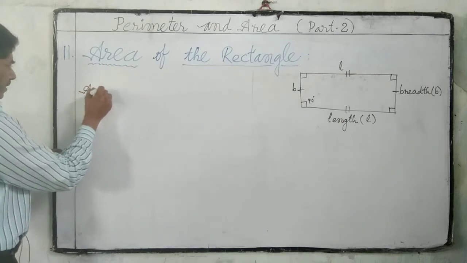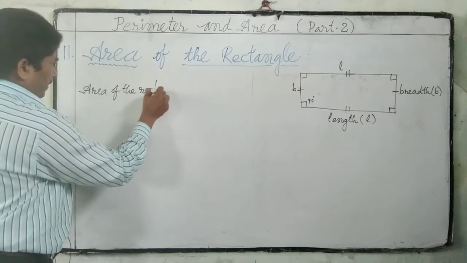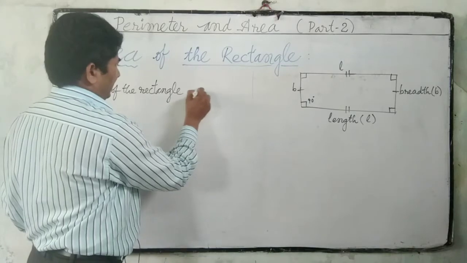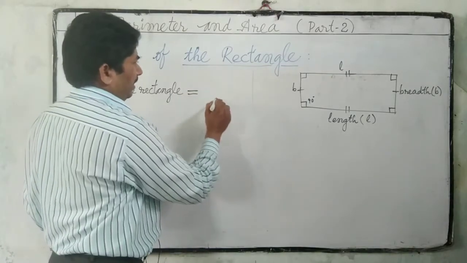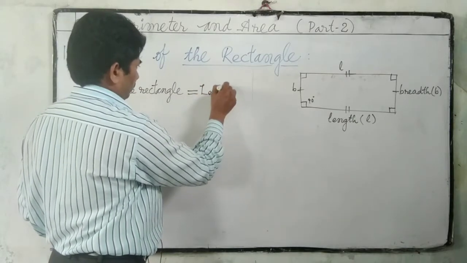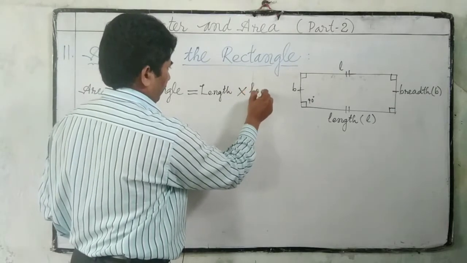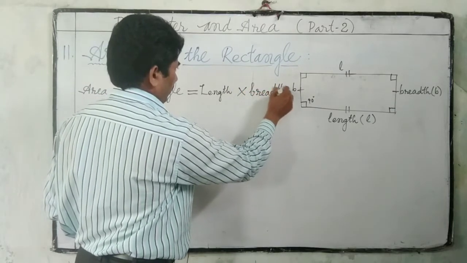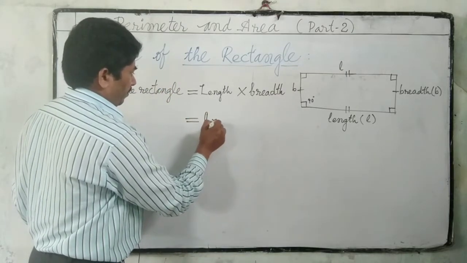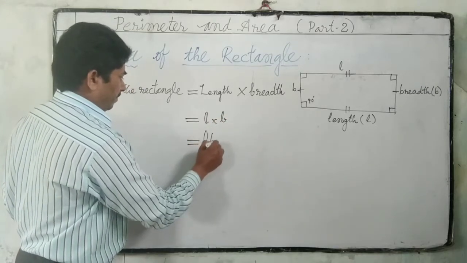Area of rectangle. Area of the rectangle is equal to length into breadth. That is L into B, LB.